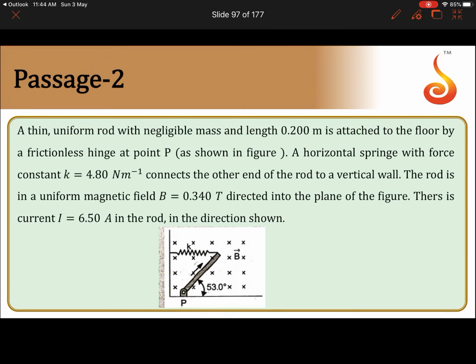The rod is in a uniform magnetic field B directed into the plane of the figure. There is a current of 6.5 ampere in the rod in the direction shown.